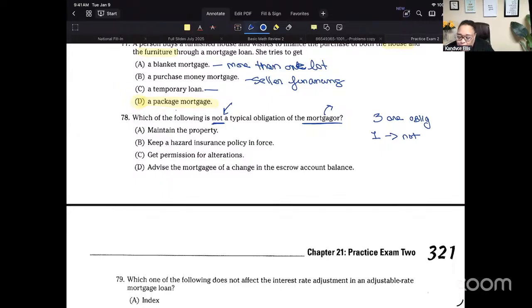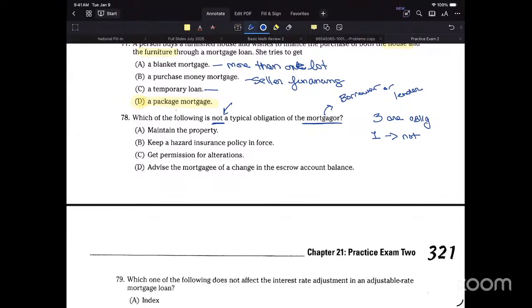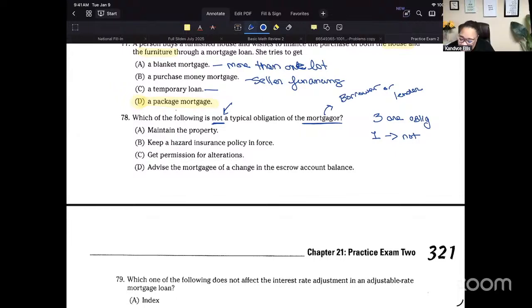So who is the mortgagor? Is the mortgagor the borrower or is the mortgagor the lender? The borrower. It is the borrower. Yay. There's our confident Caroline, because the mortgagor is the person giving the mortgage or the deed of trust. So what is not something the buyer typically does?